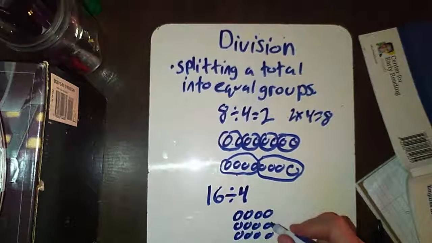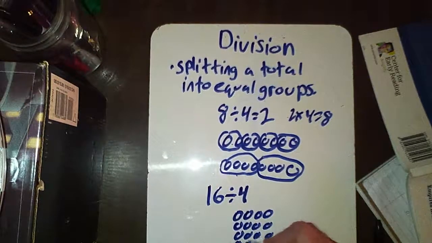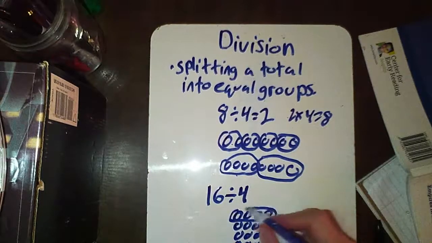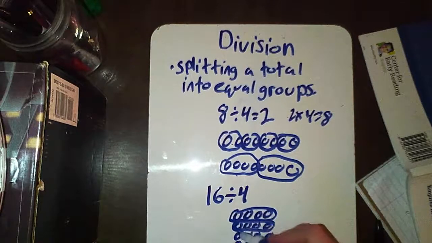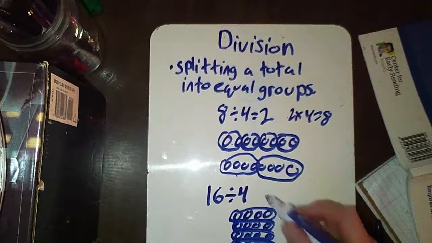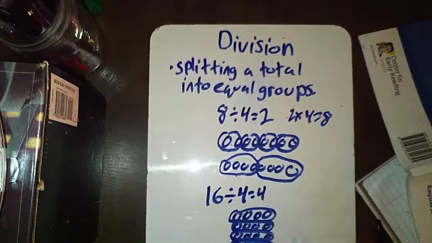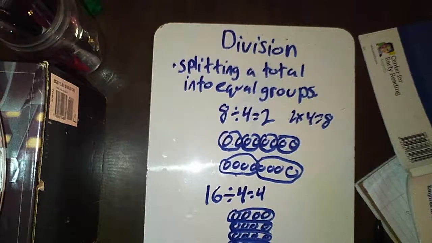That's 4, 8, 12. And that's 16. So it takes 4 groups of 4 to make 16. So that means if we take 16 and put it into 4 groups, we're going to have 4. Like that. So 16 divided by 4 is 4.